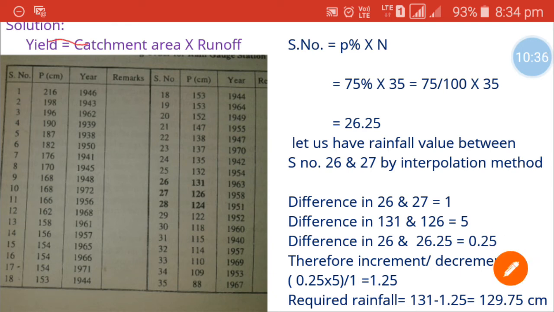So here yield is given by the formula catchment area into runoff. As per our discussion, we must have the rainfall value corresponding to 75% dependability. For that, a particular procedure is to be followed. And what is that procedure?